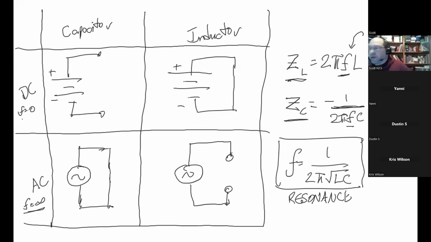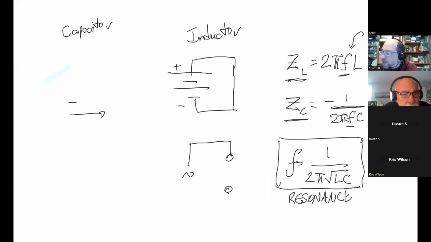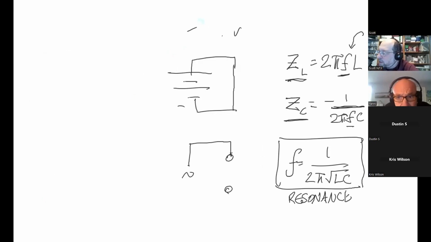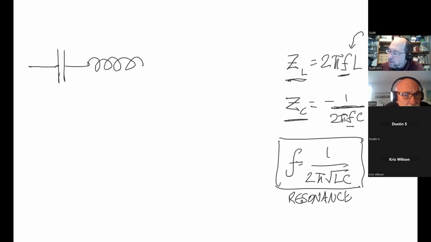And why is this important? Why is resonance important? Okay, resonance is important because of the following. Let us say that we have this circuit. Okay, this is a really simple circuit. Everyone agree with that? Very, very simple. Okay.